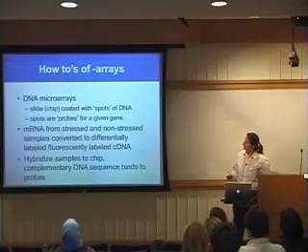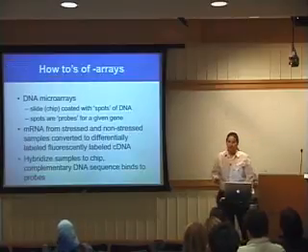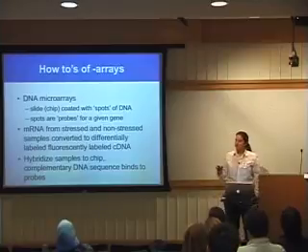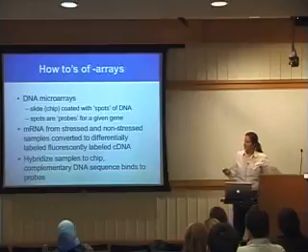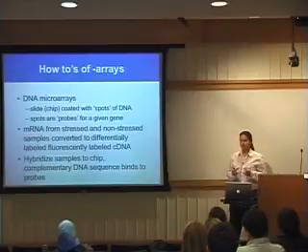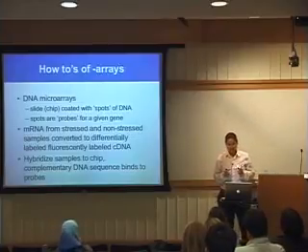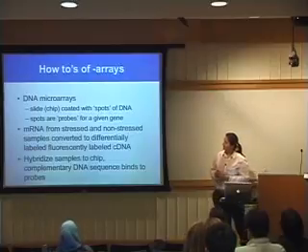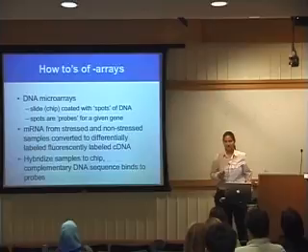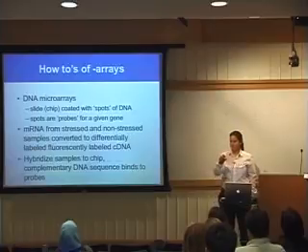Okay. So the how-tos of microarrays, this is sort of the basics of how microarrays work in general. You have a DNA microarray, which is a slide or a chip that's coated with spots of DNA. It's just like a microscope slide. Each spot on that chip is representative of a gene, so these probes are specific to different genes.